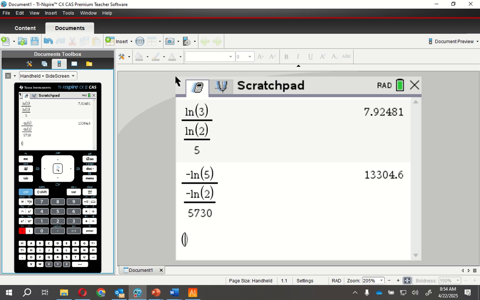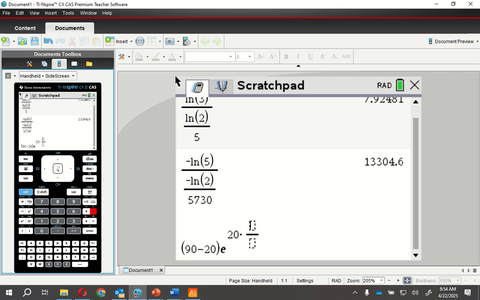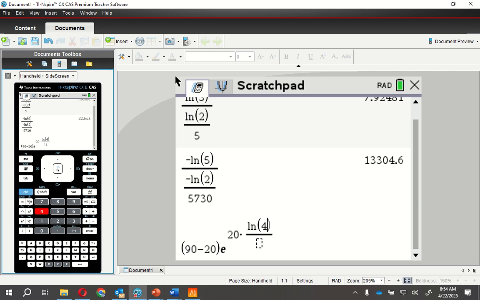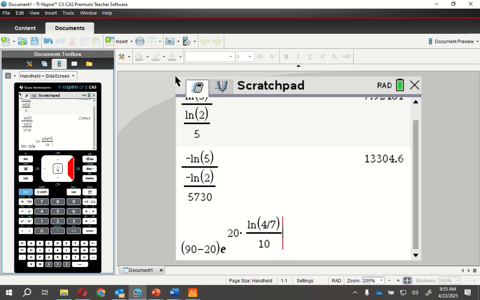Parentheses of 90 minus 20 closed, times e to the 20 times my K. My K was ln of 4 over 7 divided by 10, plus 20. So I'm just having the calculator do everything for me. Just plug it all in.